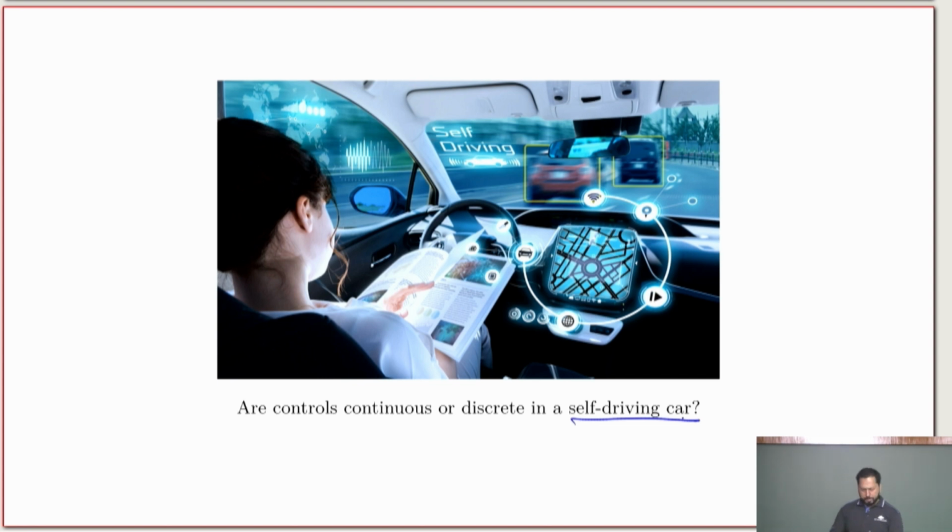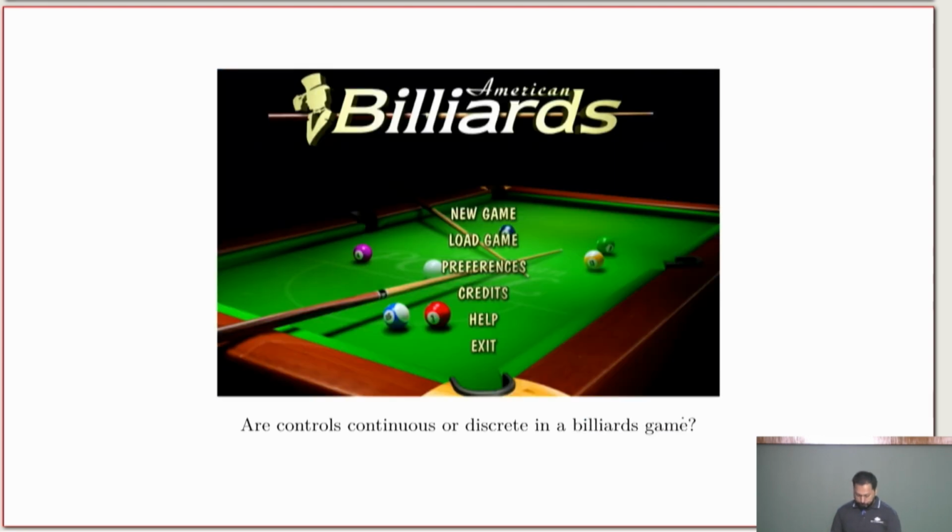So we will say that this is a continuous control. And similarly, it goes for the brakes. Depending on how much pressure you put on the brakes, there is a wide range of values to consider when we apply brakes. So in general here, the control seems to be continuous.